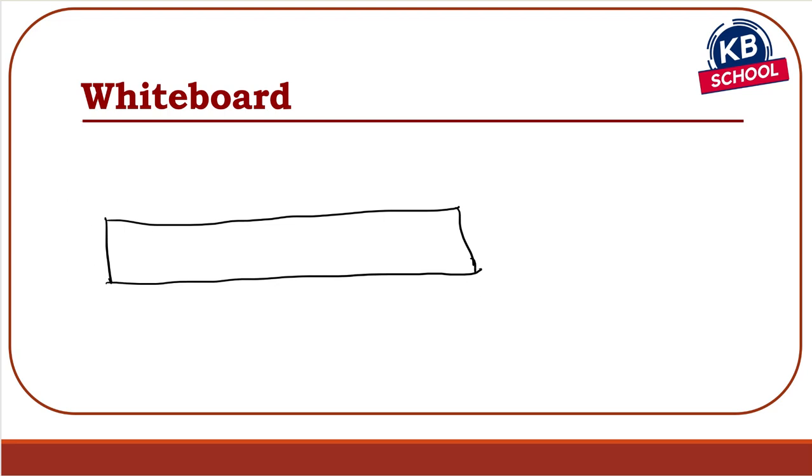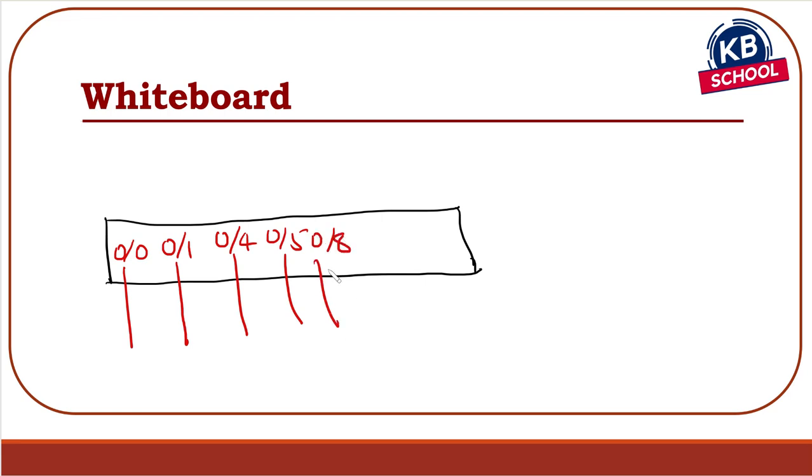What I've done right now is put ports 0/0, 0/1, 4, 5, and 8 into VLAN 10 using the switchport mode access and switchport access vlan commands. Now, these are my PCs over here.